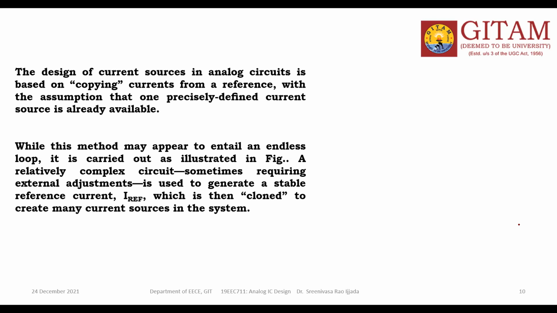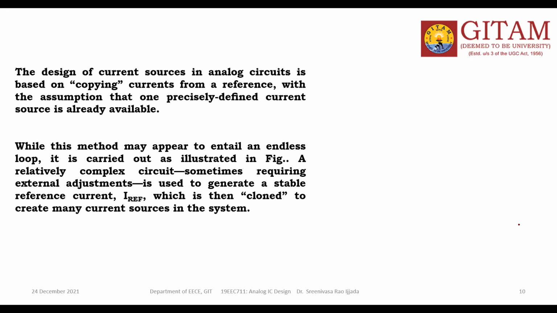We need to copy a current from here to here. If it is not stable, whatever current you copy to the next place, you don't know how much current you are getting, so the current must be constant.